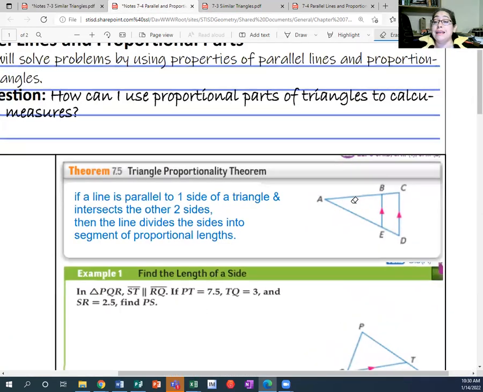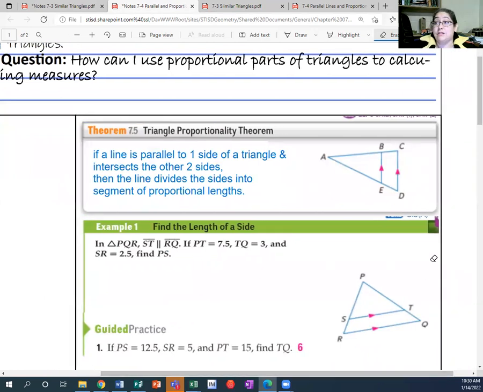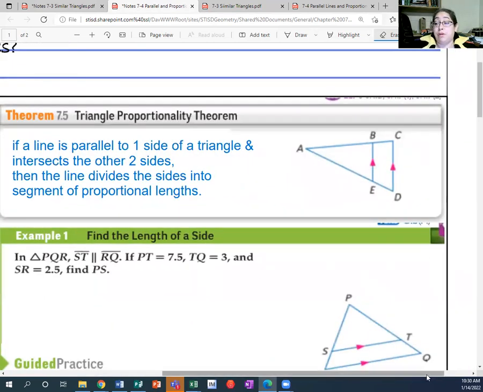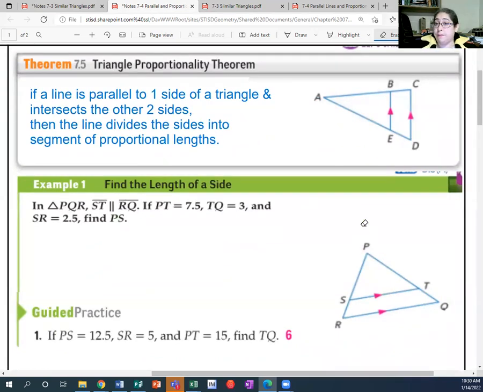So we've got basically the exact same sort of triangle setup that we had in the previous example. And it leads us to our first theorem. It says, if one line is parallel to one side of the triangle, these two are parallel, and it intersects the other two sides, that's what's happening here at BE, then the line divides the sides into segments of proportional lengths.